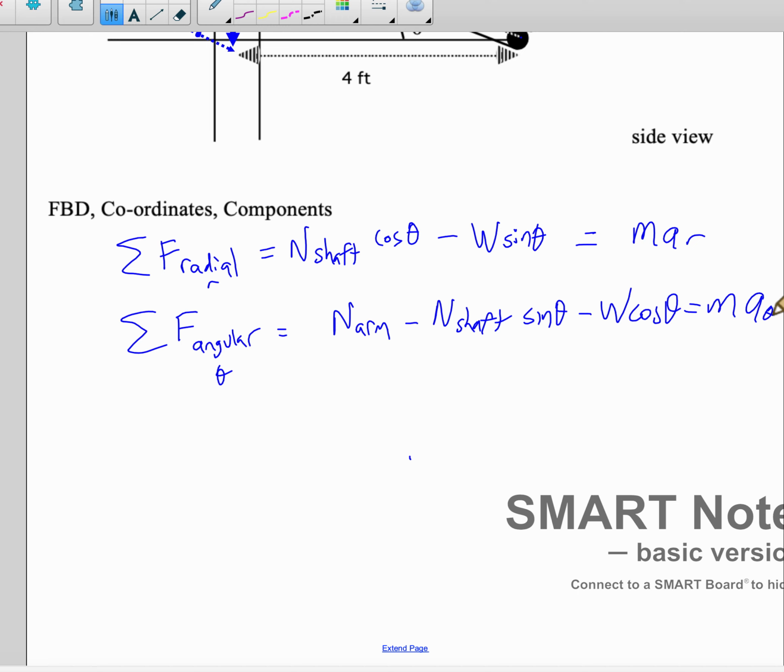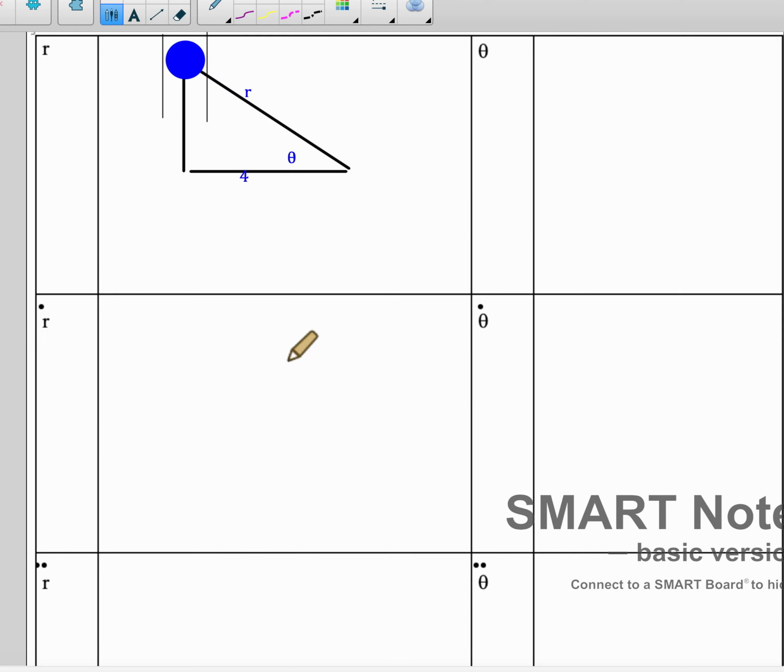These equations will be relatively easy to solve once we find the accelerations. We've already previously talked about cylindrical kinematics, and we know that a chart is helpful in this regard, so let us have a look at our chart on the next page. I've redrawn the ball, that's the blue thing, and the shaft are these two lines here. I've indicated the distance r away from the origin and the angle theta.